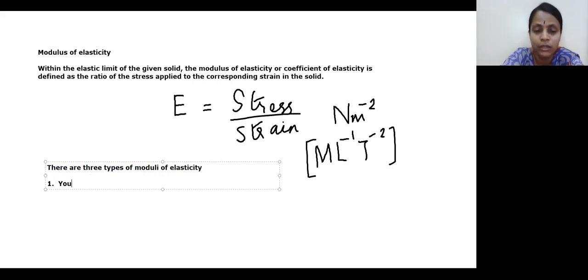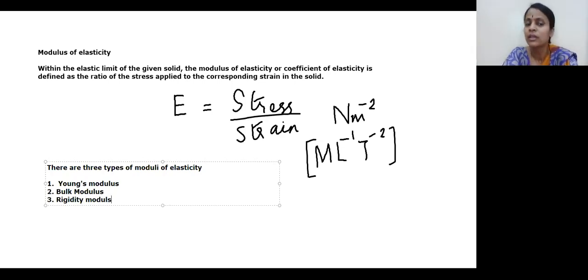So the first one is called Young's modulus. We are going to see one by one, children. The other one is called bulk modulus. And the last one is called rigidity modulus. Okay, so we have three types of moduli, that is Young's modulus, bulk modulus, and rigidity modulus.